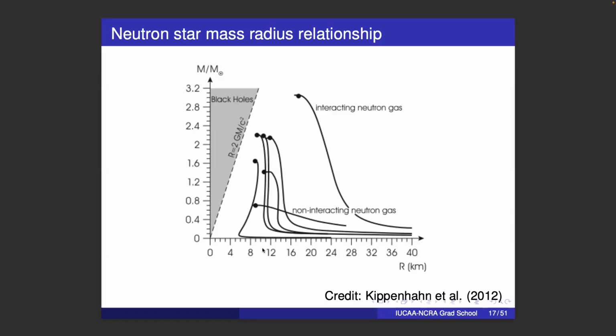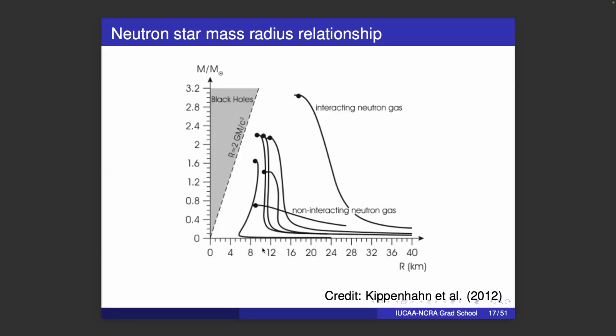Each of these curves represents a different equation of state. If I remember correctly, the non-interacting neutron gas is what was calculated by Oppenheimer and company. They assumed the equation of state and got this mass-radius relation.